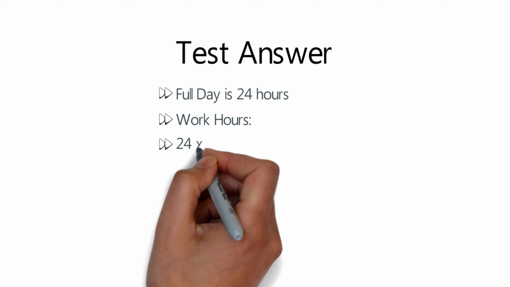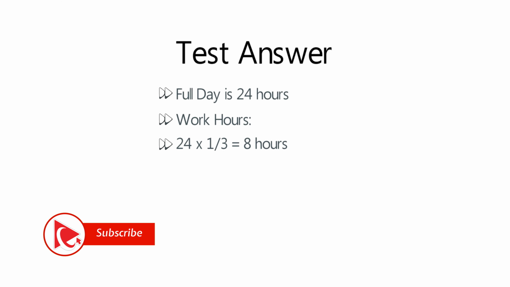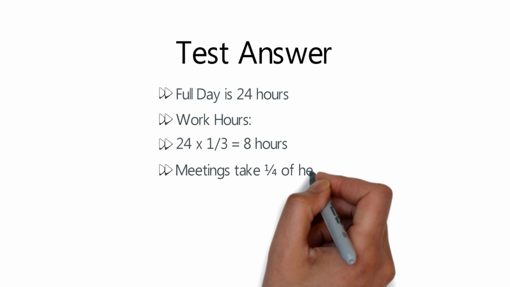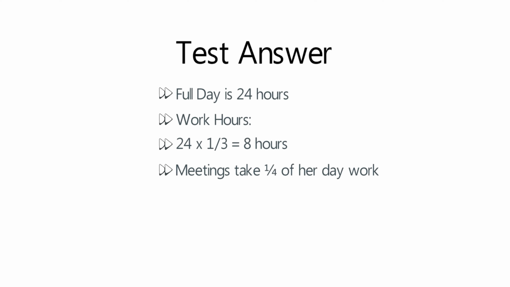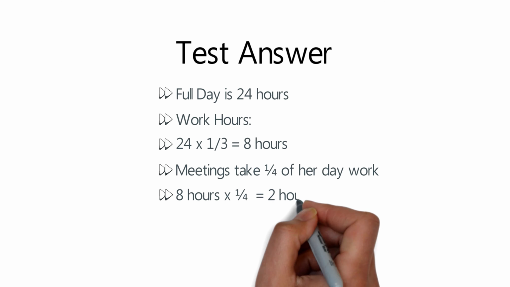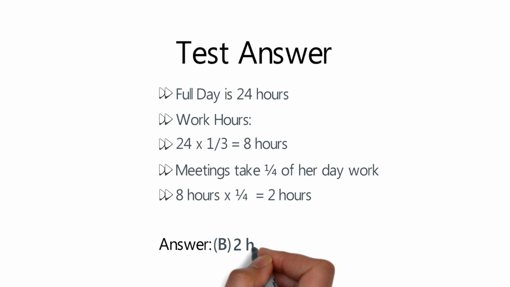They represent 1/3 of the full day, which is 8 hours, and we calculate it by multiplying 24 by 1/3, or actually dividing 24 by 3. Meetings take 1/4 of her workday. So to calculate how much time she spends in meetings, we need to multiply 8 hours by 1/4, and the result is 2 hours. So the correct answer is choice B, 2 hours.